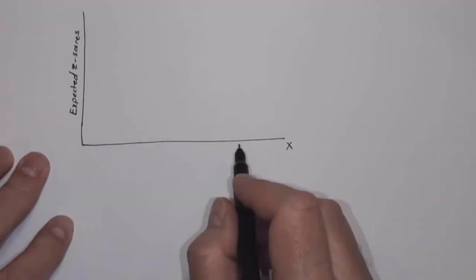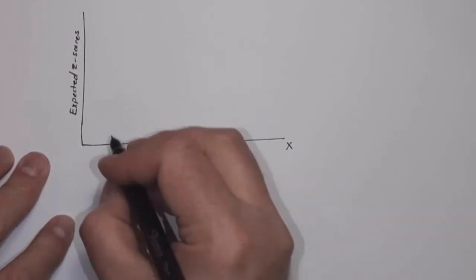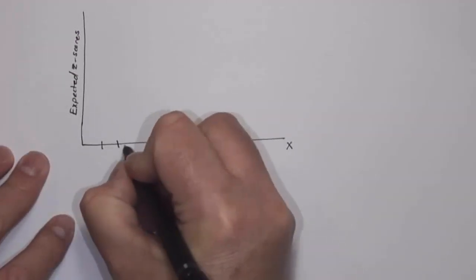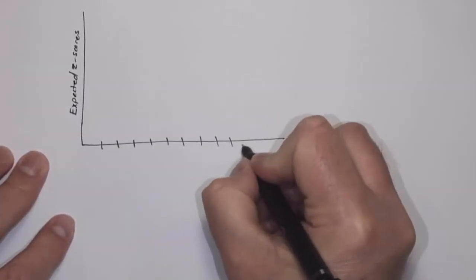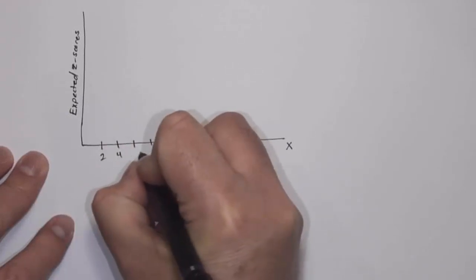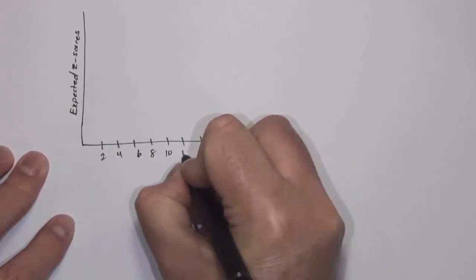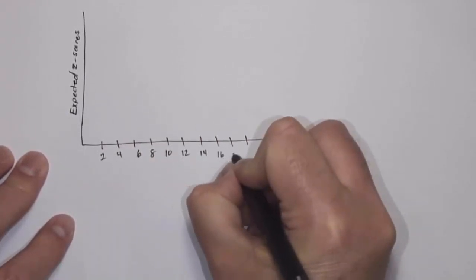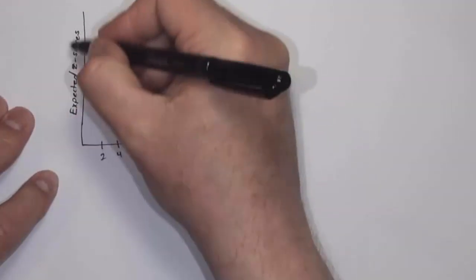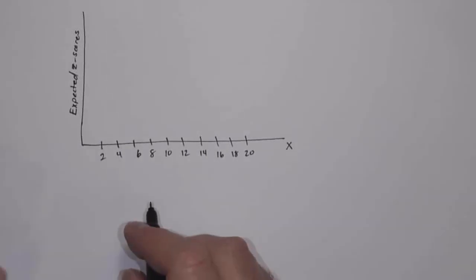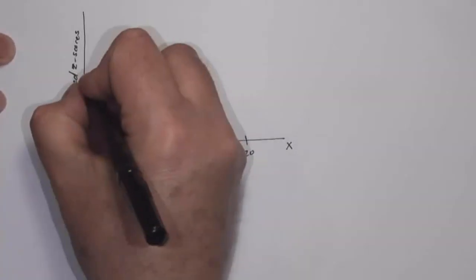Now, our data values range from 2 through 20, so maybe I'll go 2, 4, 6, 8, 10, 12, 14, 16, 18, 20. And then our expected z-scores, I should have left a little room here, but I'll write these in. We're going from negative 1.43 to positive 1.43.